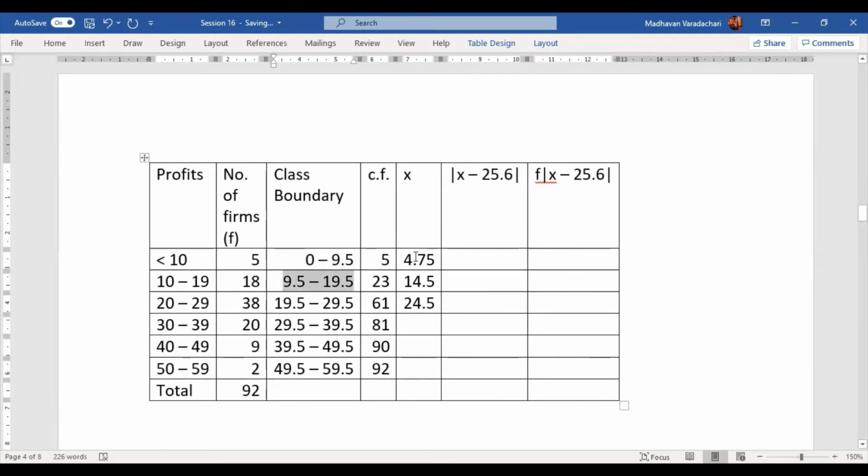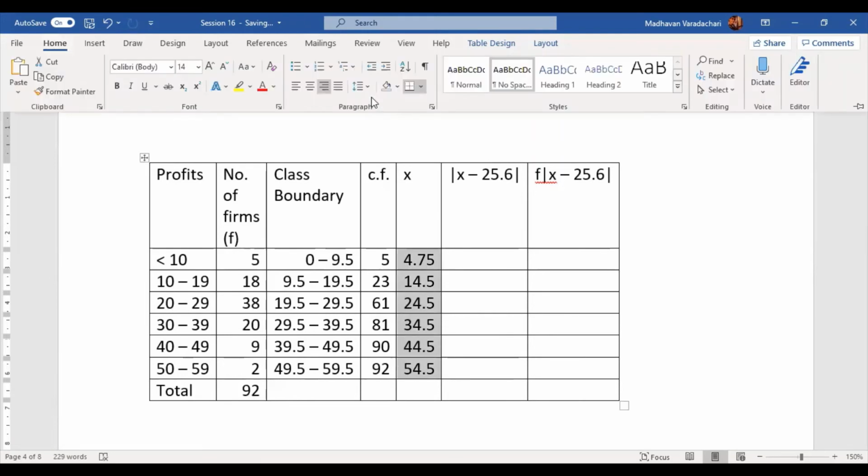For that reason, the middle value is not exactly 4.5, it is working out to 4.75. Then the next one is 34.5, then 44.5, then 54. So we got the mid values. We can even write it as 4.5, no harm in it, but let us consider the same thing only.